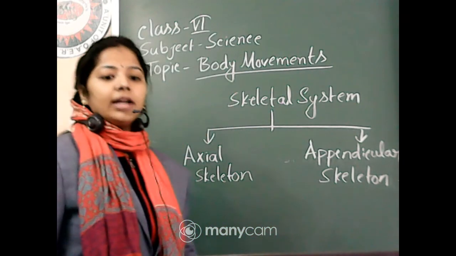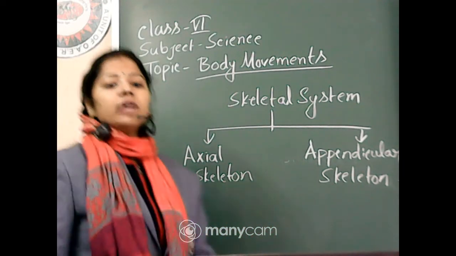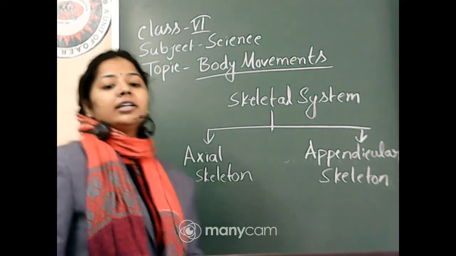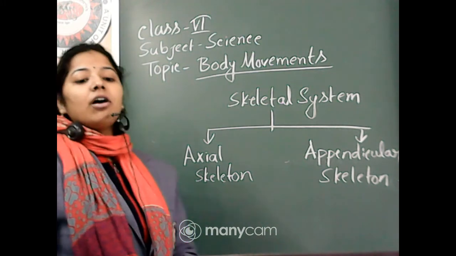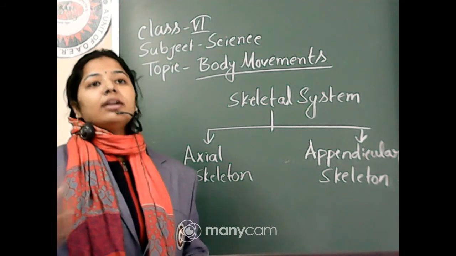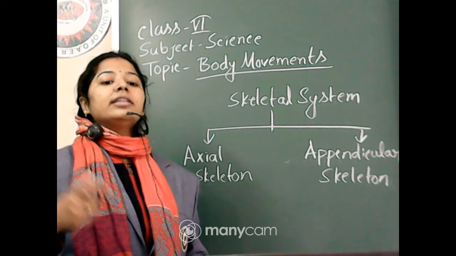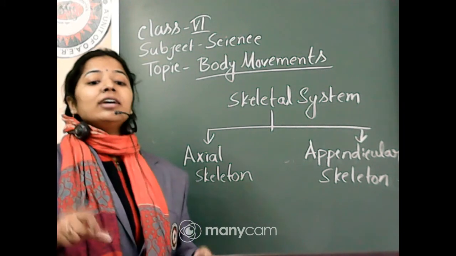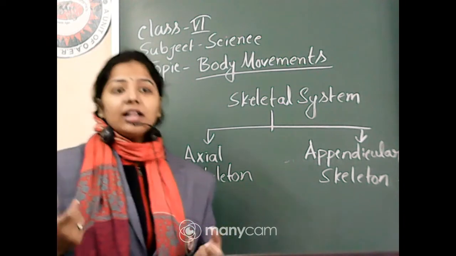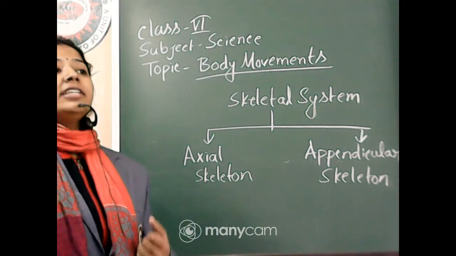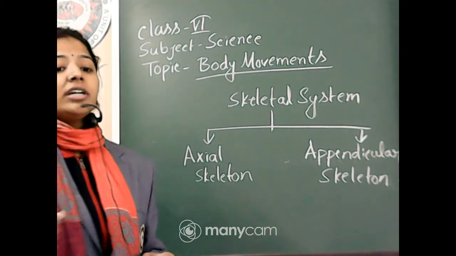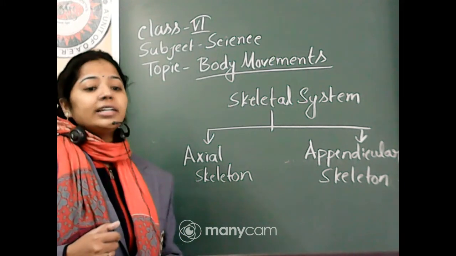Okay. Now first comes axial skeleton. Axial skeleton is the central part of our skeleton system that protects our brain and spinal cord. Skeletal structures like skull and spine provide protection to the axial skeleton.